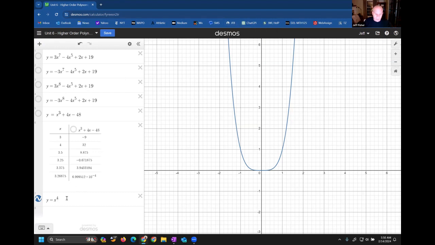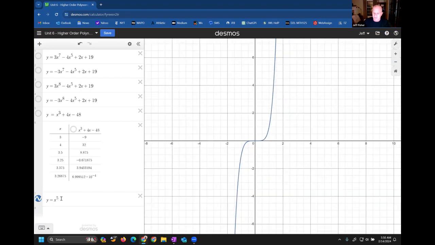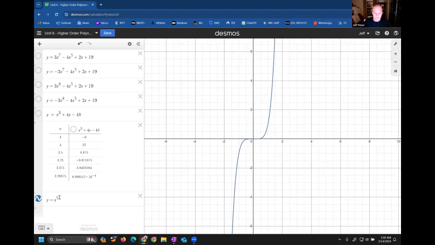Well, you probably will notice if I keep doing this, let's say I put a 5. Oh, well, the 5 looks like the 3, right? And what if I put a 6? Well, the 6 looks like the 2.